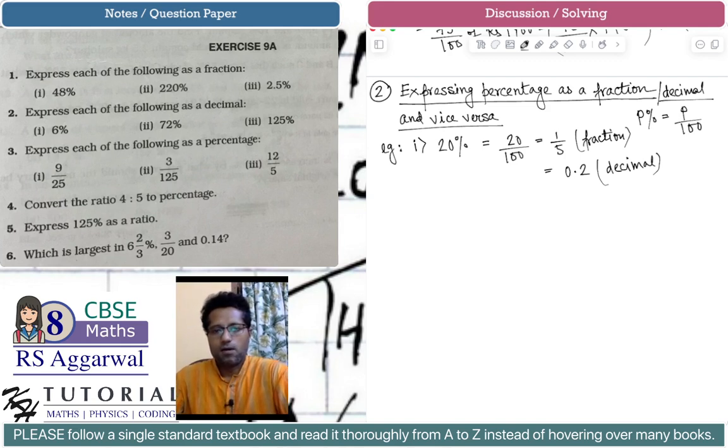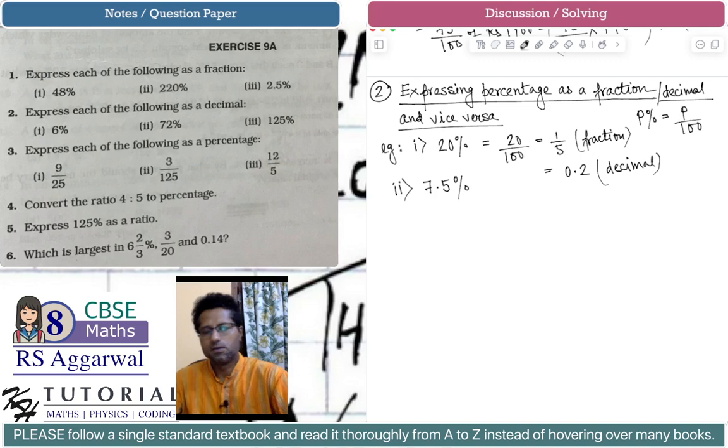So let's take another example. Let's say 7.5%. What will be the fraction if we want to express 7.5% as a fraction? It will be 7.5 divided by 100.